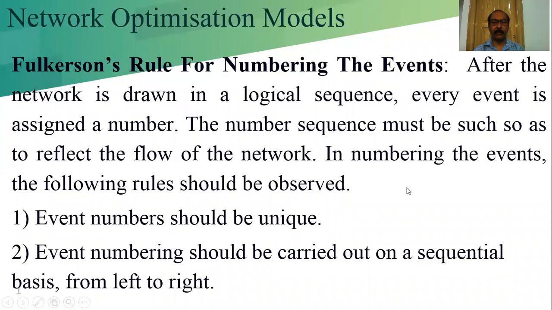That means we can give only one number to an event or node. Event numbering should be carried out on a sequential basis from left to right. That means when we are numbering, this is one event, this is one event, and this is one event. So you have to give the number from left to right according to the dependency.